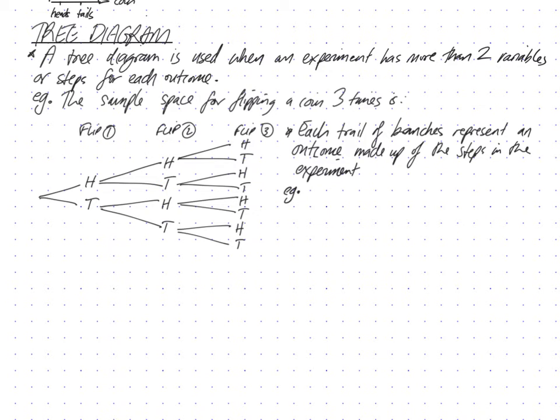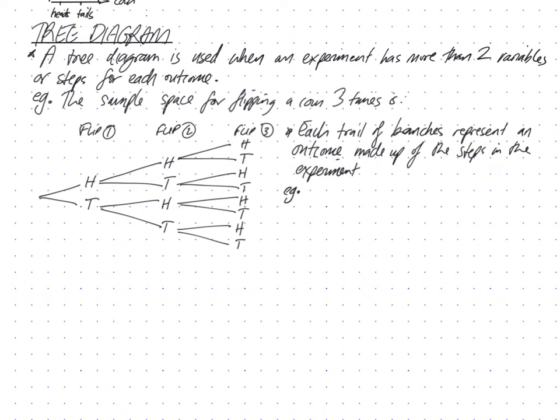Whereas this set of 2 branches is me on my second flip, flipping a head or a tail, but that's after I flipped a tail in the first flip. So you can see why it widens, because in flip 1 there's only 2 things that could happen. In flip 2 there's 4 separate sets of events that could have happened. I could have flipped a head and a head, a head and a tail, a tail and a head, and a tail and a tail.